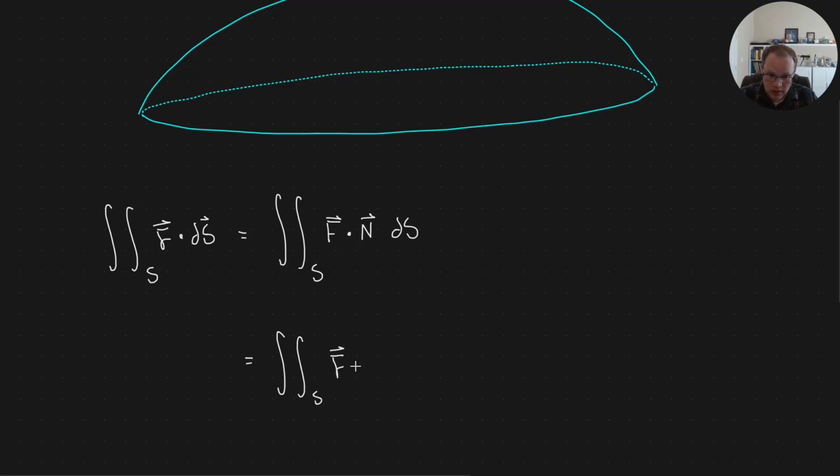So we'll take our function here, plug in our parameterization for the surface, and multiply by the cross product of partial derivatives of our parameterization. We'll integrate over whatever bounds of u and v cover the portion of the surface we're interested in.